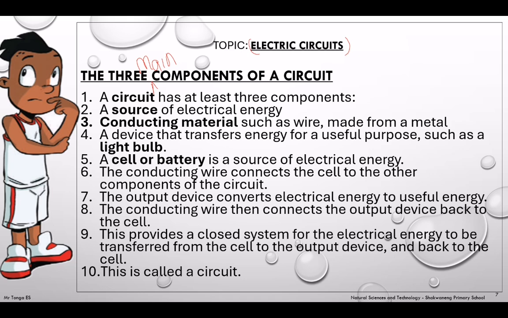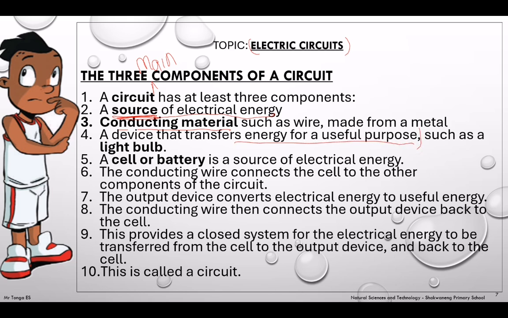Number 1 is a source of electrical energy. The energy needs to come from somewhere. Then conducting material such as a wire. Usually these are made up of metal. And then on top of that, we must also have a device that transfers energy for a useful purpose.